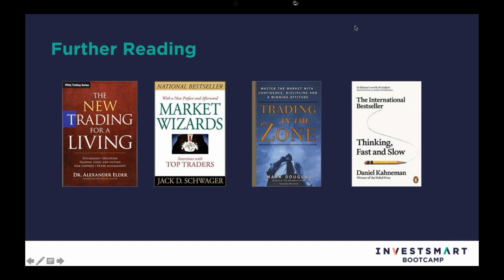The last one on there is Daniel Kahneman, who has written Thinking, Fast and Slow. He's a psychologist, and I believe he won the Nobel Prize for economics. He has a lot of followers in terms of investing, and even John Addis, the original founder of Intelligent Investor, part of the InvestSMART company, is a big fan of Daniel Kahneman.